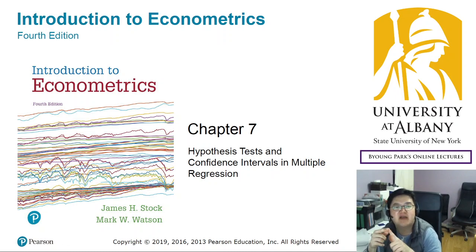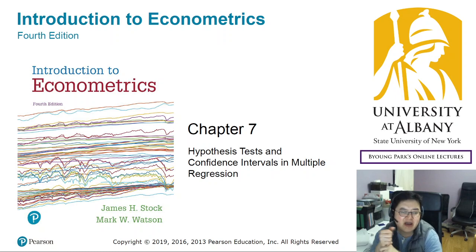Chapter 4 and 5 were about a single regressor case, and chapter 4 was more of an introduction and estimation: how you estimate that model, how you interpret it, what assumptions are needed, and what the goodness of fit is. Those are our topics in chapter 4.